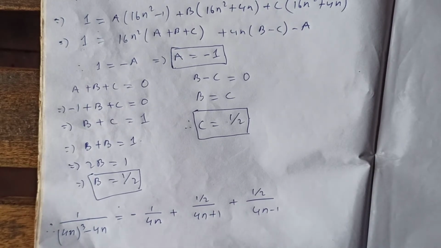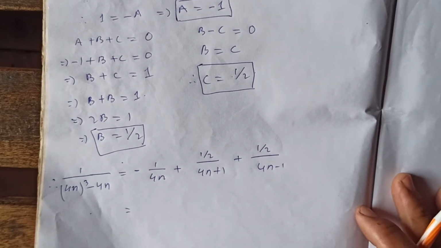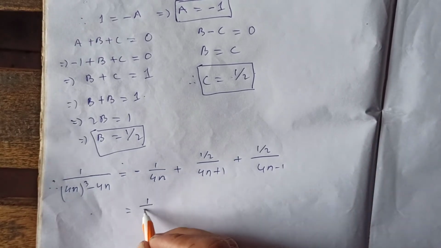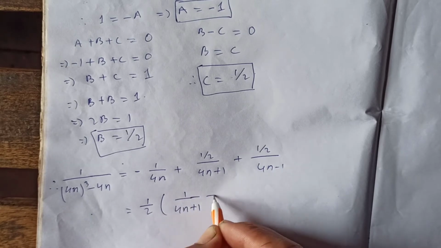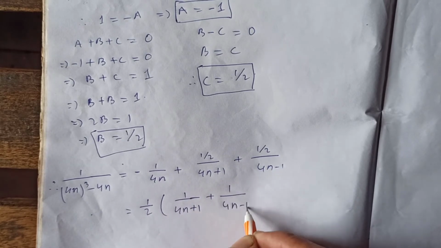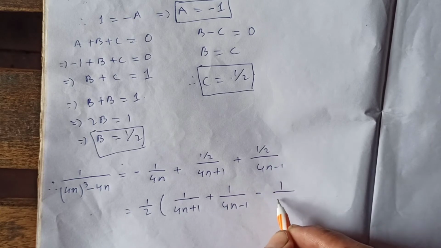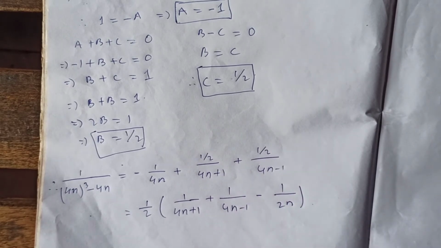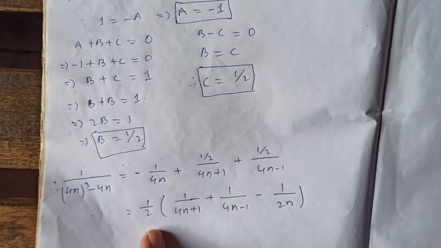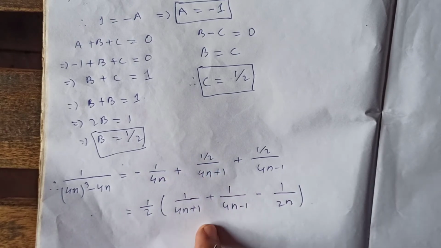If I take 1 by 2 common, meaning half, I will get this one.